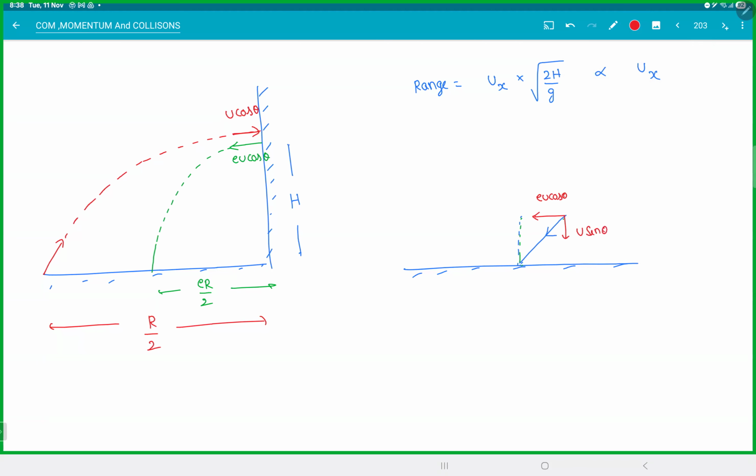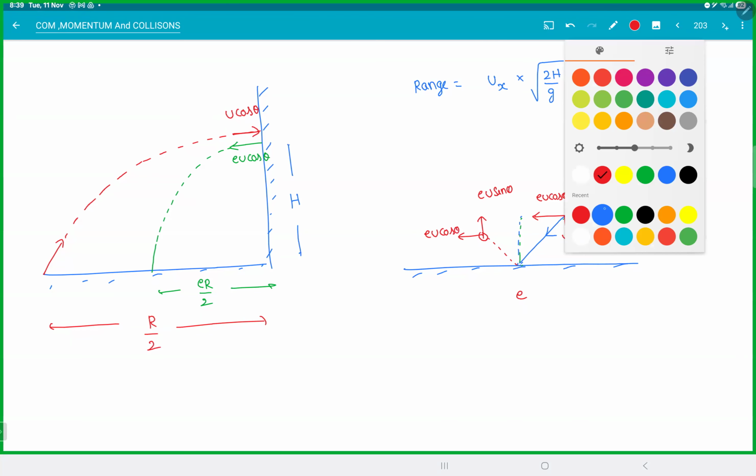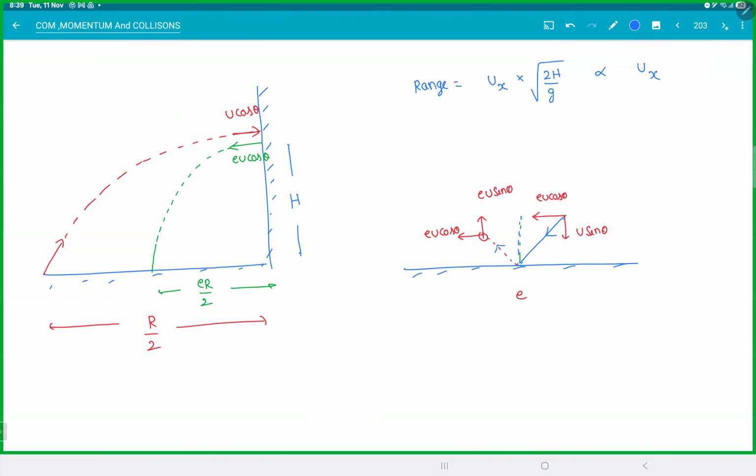Remember, restitution is still e only. So now after collision, the ball will bounce back again, but this time the vertical component becomes eu sin theta, and the horizontal component will remain same. We have seen this in oblique collision. If the ball collides with the floor, only the vertical component will change along the normal, the other component remains same. Is this clear, everyone?